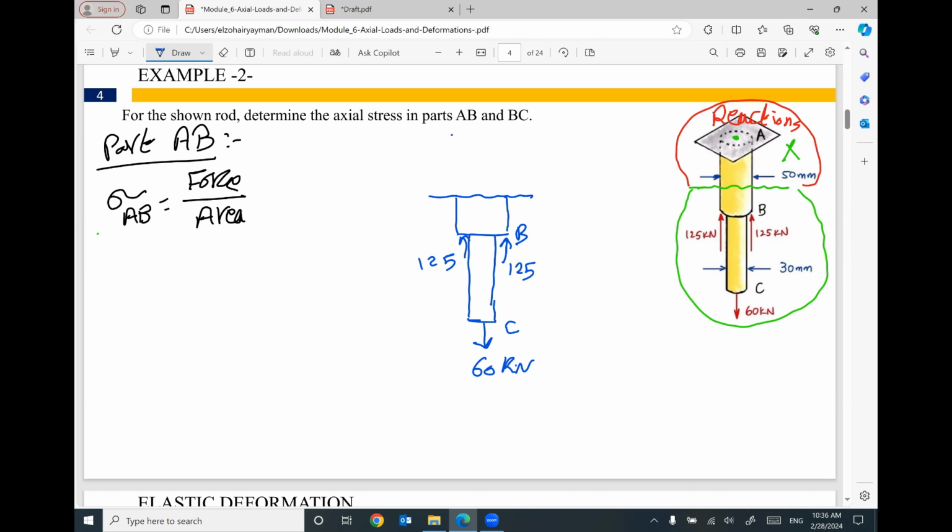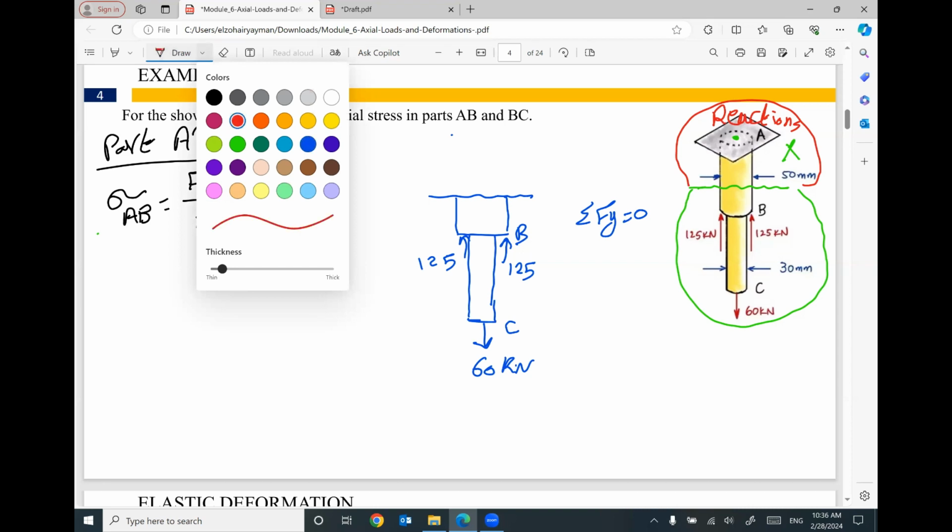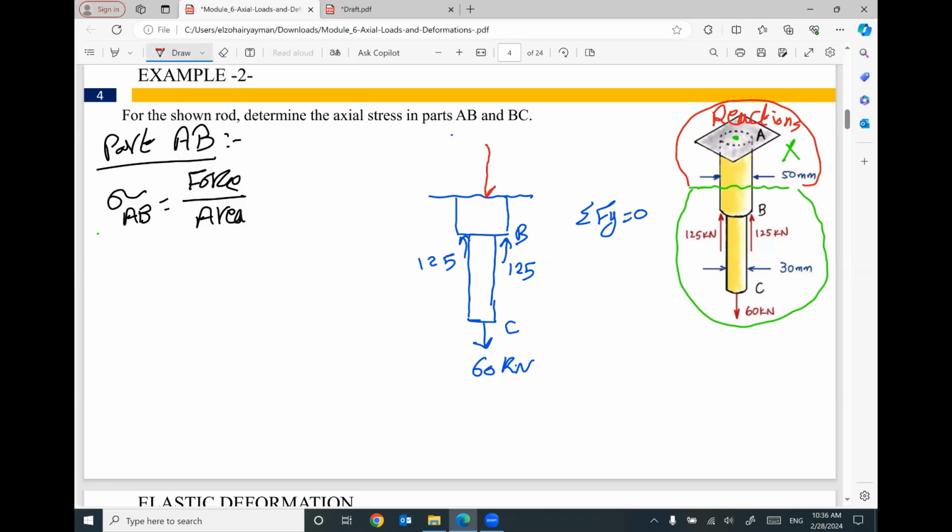If we apply summation F of y equals 0, I believe 100% we will have a force coming down to make equilibrium. This one is 60 down. This one and this one are 250 up. So I believe this one will come down 190 kilonewton.